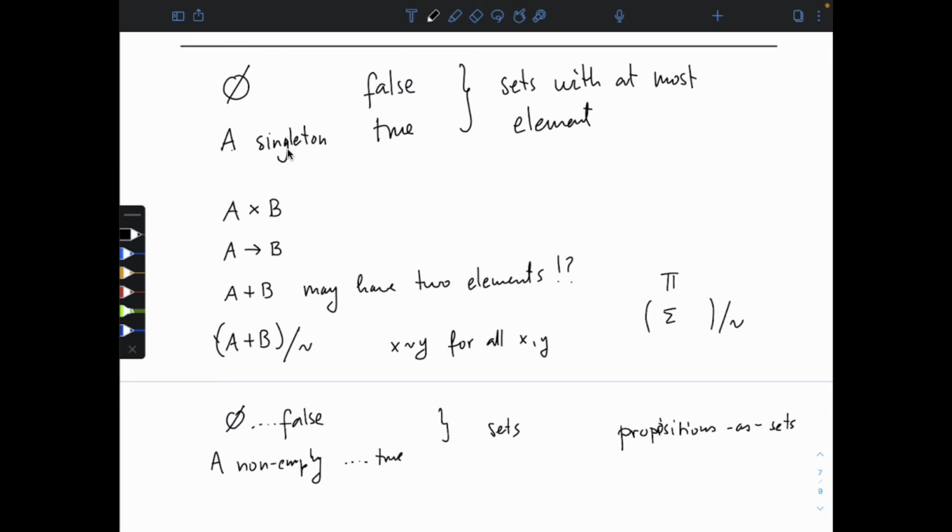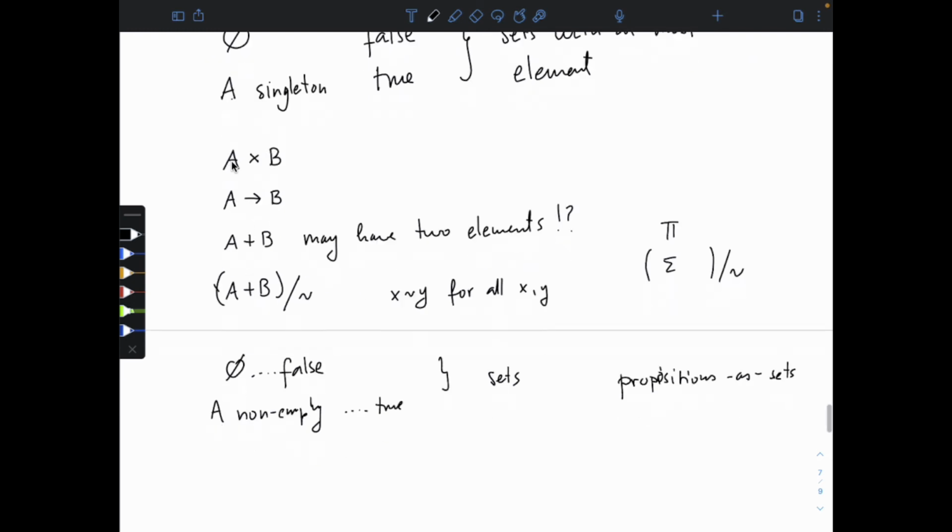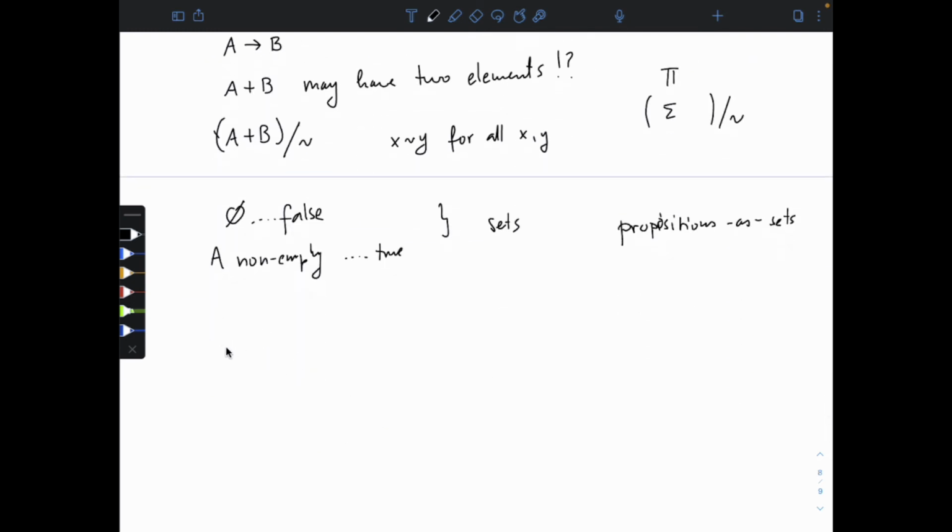I might be a little bit bothered by the fact that there are lots of singletons. And I could ask, but why did you take all the singletons? Why didn't you take just one singleton? Wouldn't it be more economic to say, just take this and that? This one means false, this one means true. Why not this? Now I just have two sets.